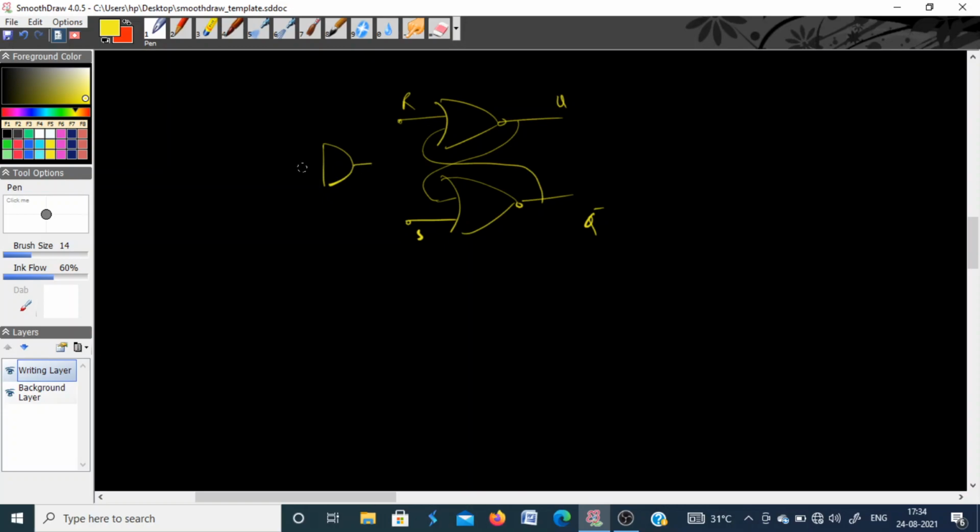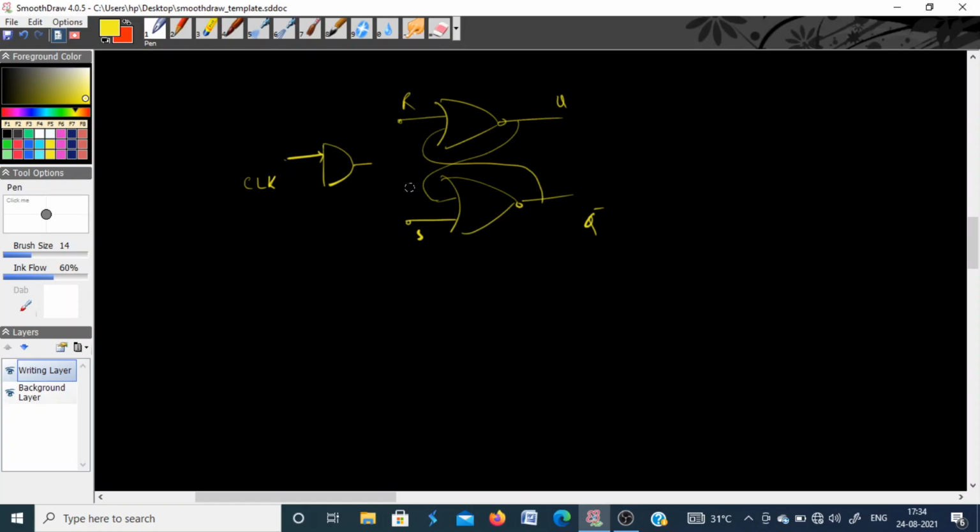So we have CP, the clock. This R and S are not given directly to the latch.